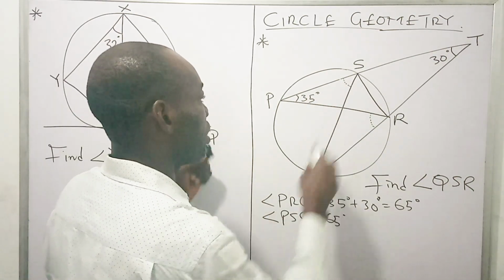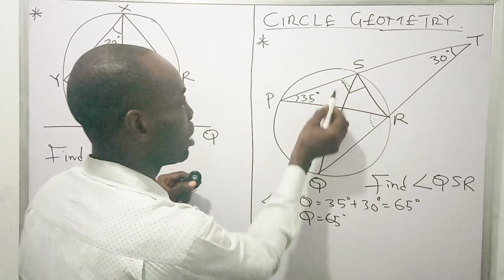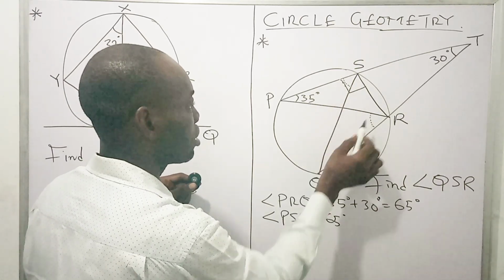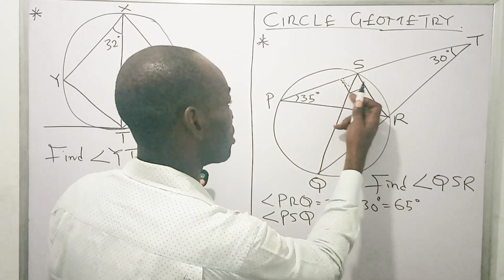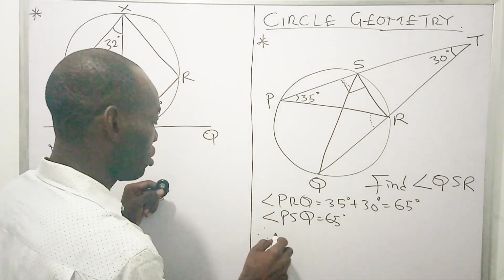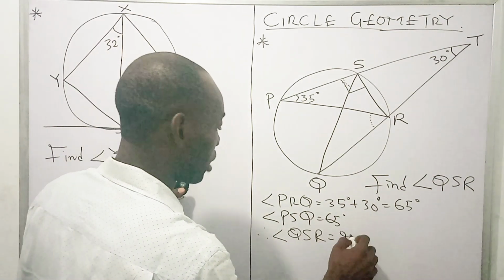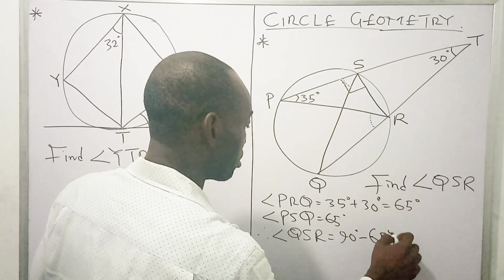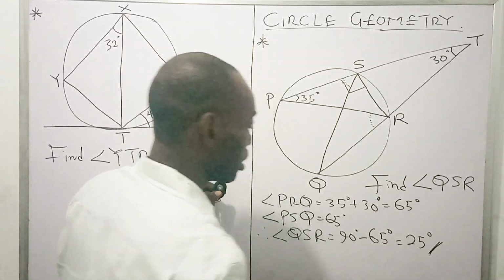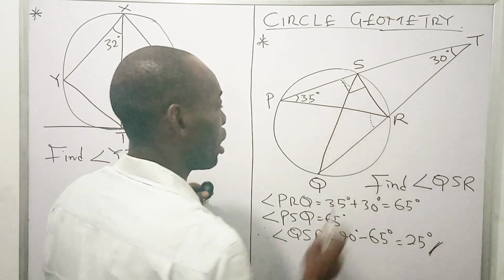So if here is 90 degrees, and we already have here a 65, based on angles in the same segment, now for us to get the size of this angle here, which is QSR, the one we're asked to look for, therefore, angle QSR becomes 90 degrees minus 65 degrees, and this will give us 25 degrees as the size of this angle here, QSR.